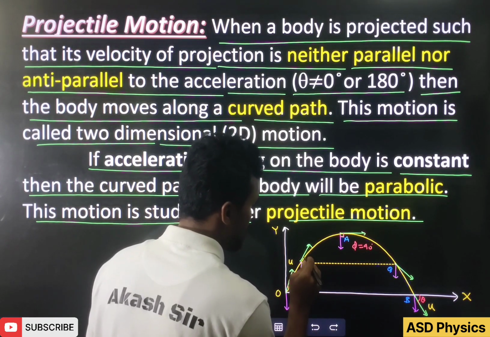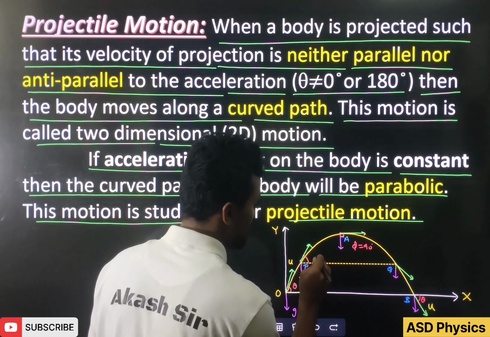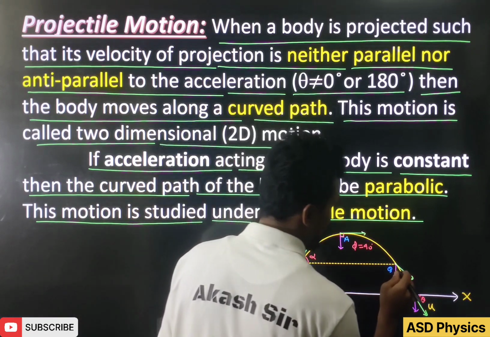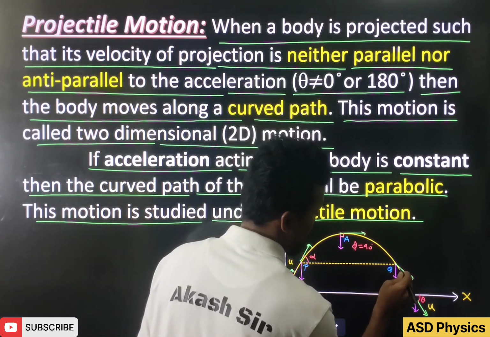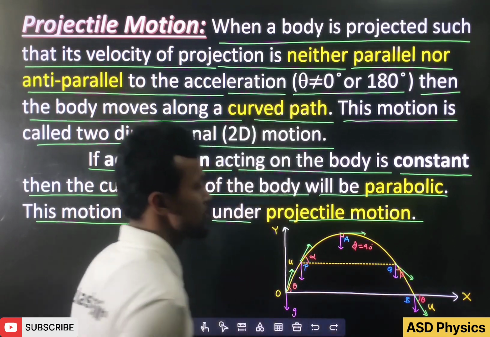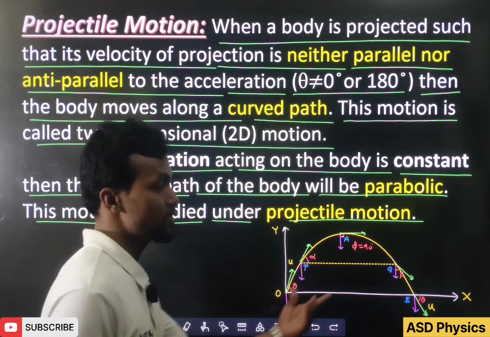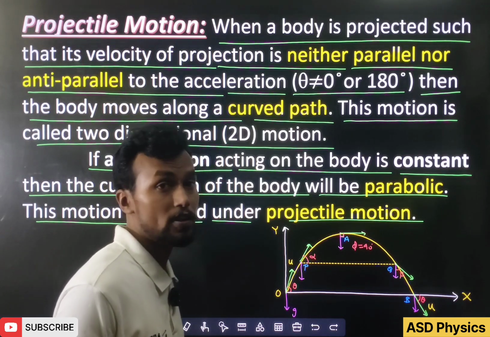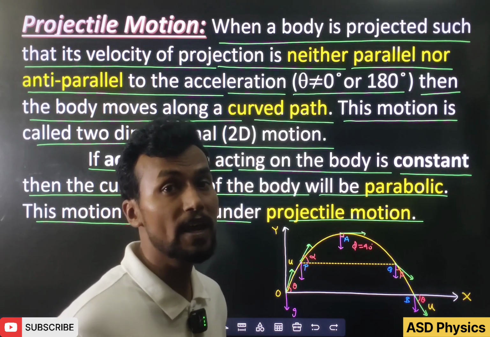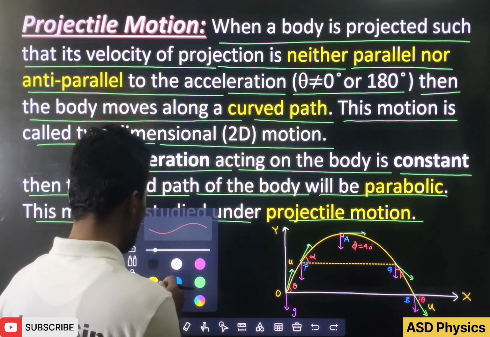Let's take this angle as alpha and this angle as beta. In all these situations, velocity and acceleration are not at all parallel or anti-parallel; they are making some different angles.